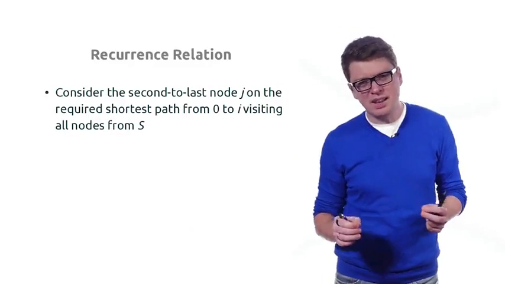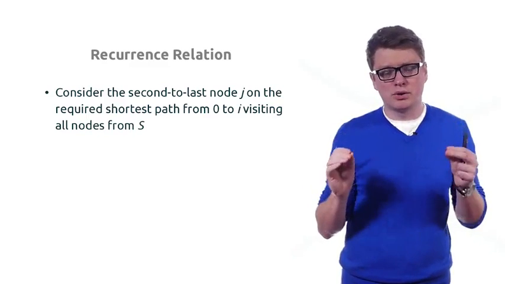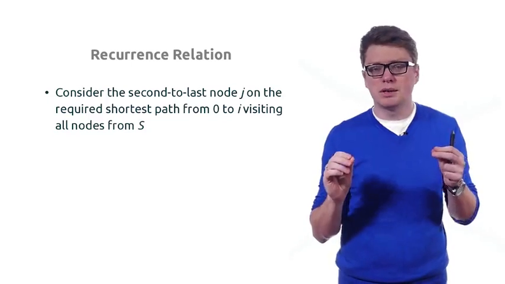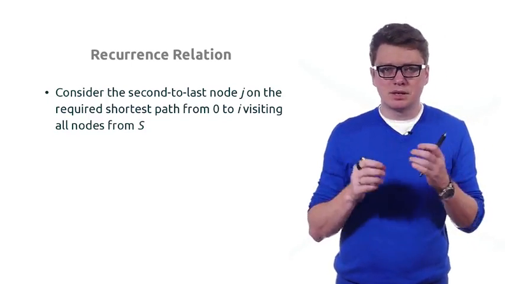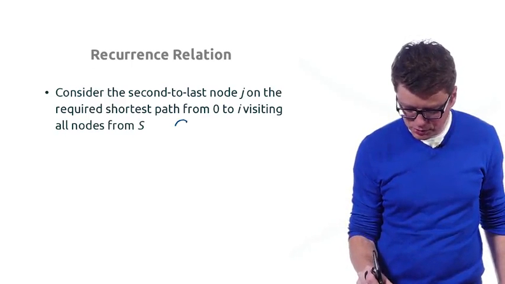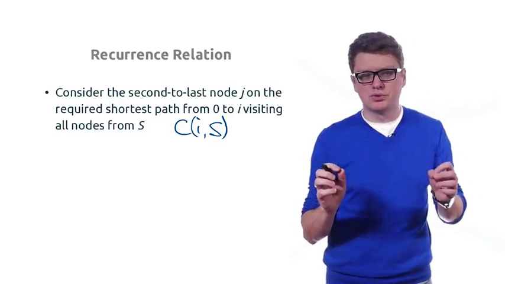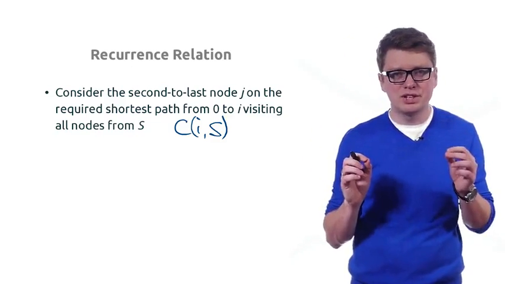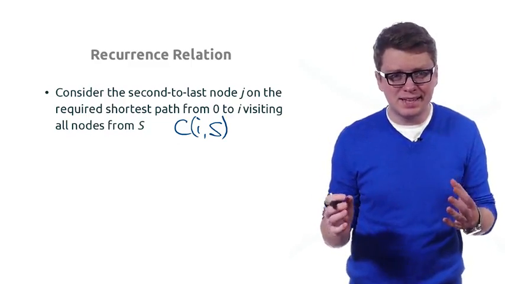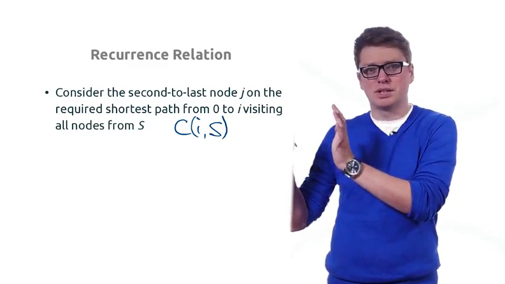Okay. Now, probably the most important part of any dynamic programming solution is the recurrence relation for subproblems. So remember what we need to find. We need to compute C of i, S. Now what we would like to do is to write the so-called recurrence relation for the function C of i, S. So we are going to express C of i, S through the values of some other subsets.